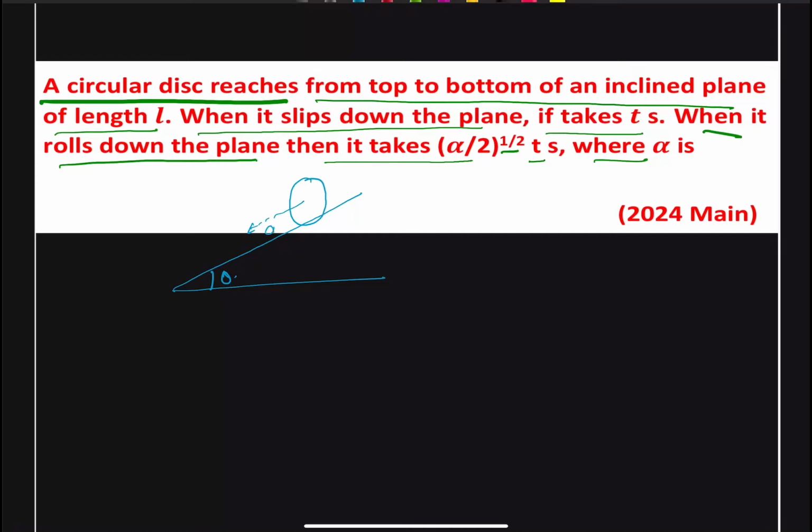So we are going to have our mg, and this mg can be divided into components, and this angle we have theta, so we get this as mg cos theta, and along this we are going to get mg sin theta. Okay. And the length up till this point is given as L.